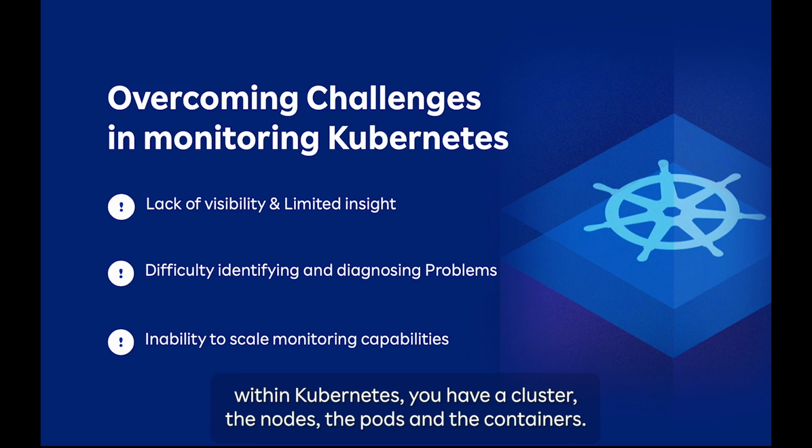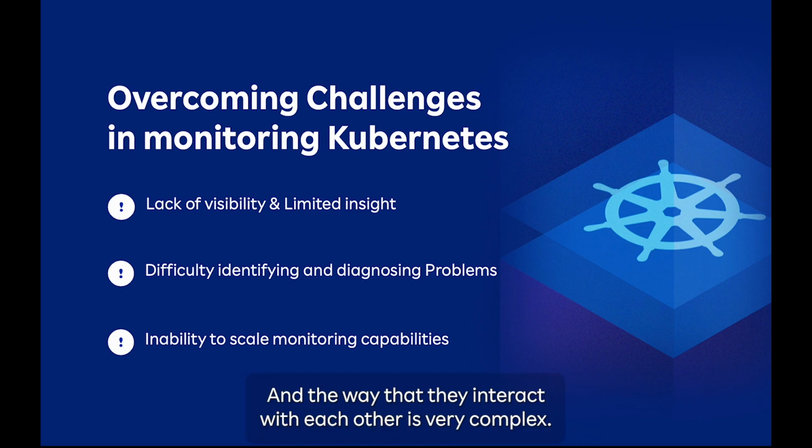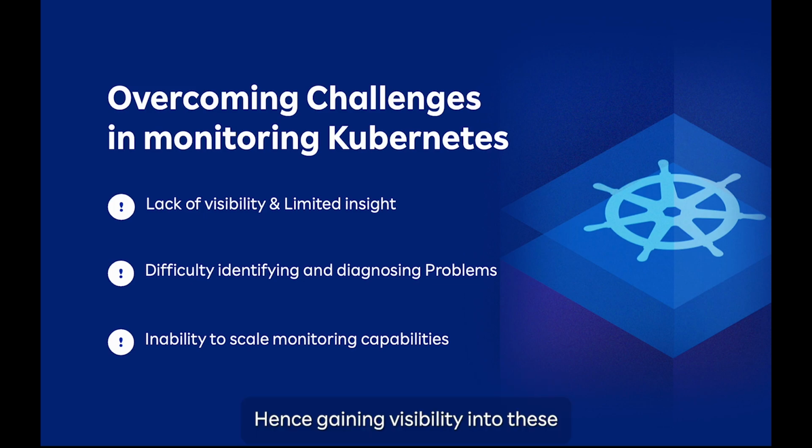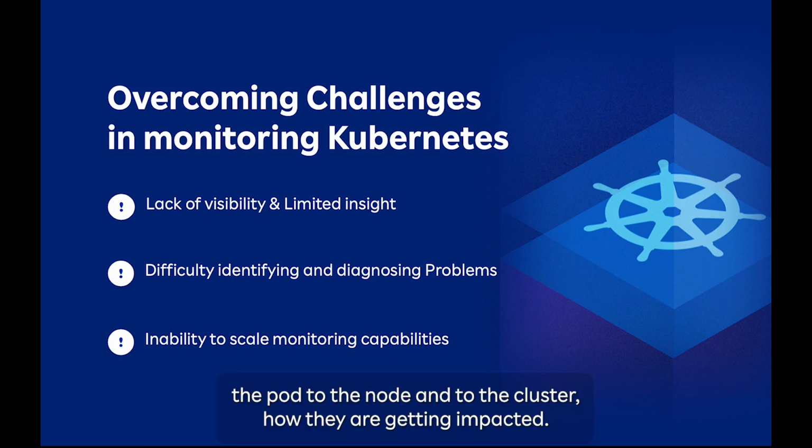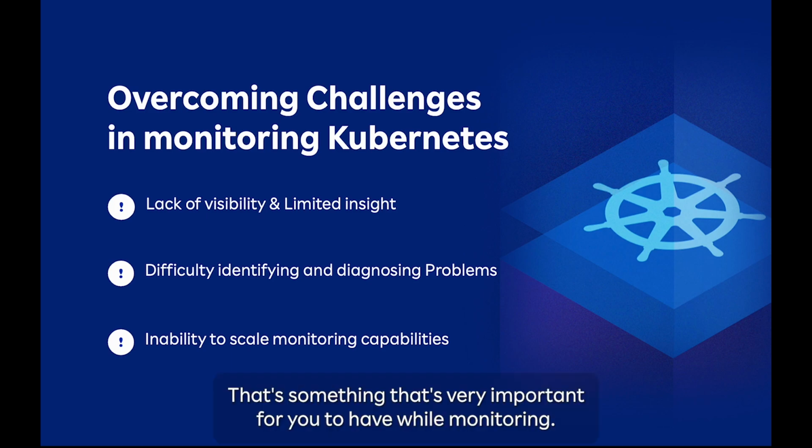You have the clusters, the nodes, the pods, and the containers, and the way that they interact with each other is very complex. Hence, gaining visibility into these and also making sense of what's happening, and getting insight into how things are performing from, say, the pod to the node and to the cluster, how they are getting impacted, is something that's very important for you to have while monitoring.